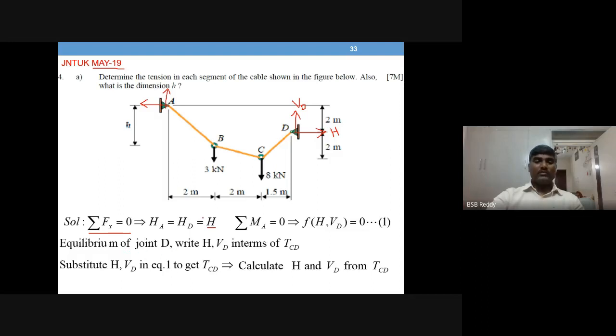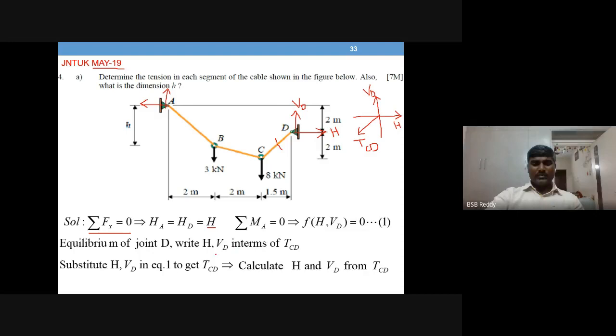Right. Equilibrium of joint D. Once this is over, for equilibrium of joint D, you can draw the free body diagram of joint D, where this is H, this is VD, and you have to cut this wire for making this a free point D. So what I mean to say is that this TCD force, okay.